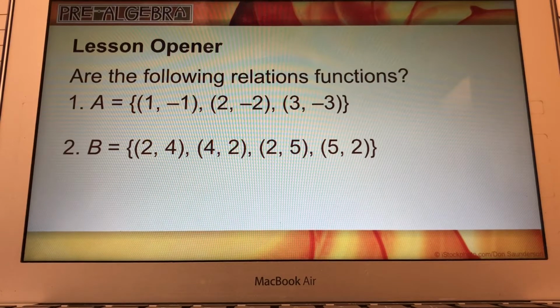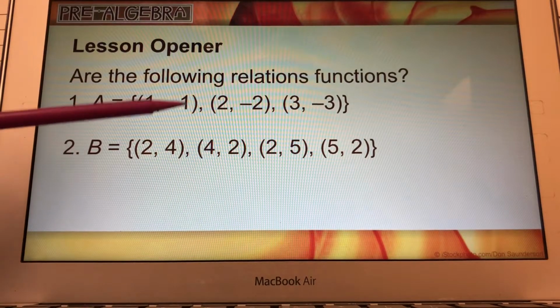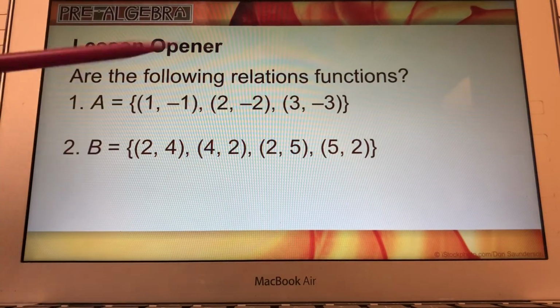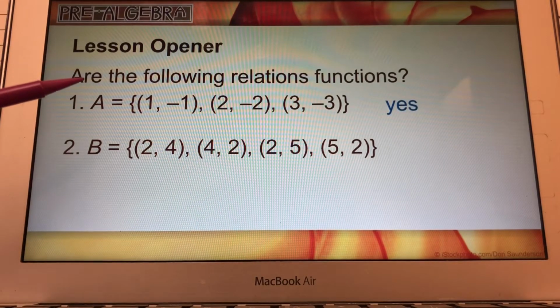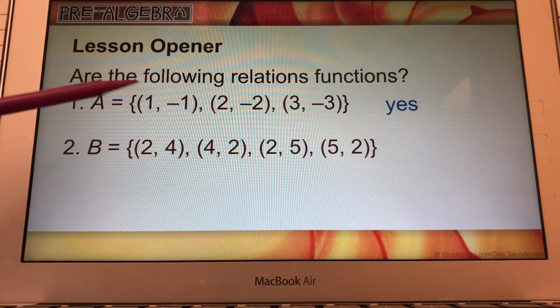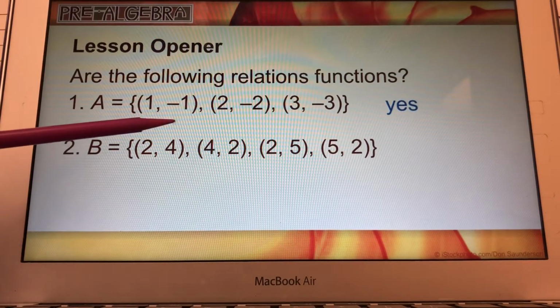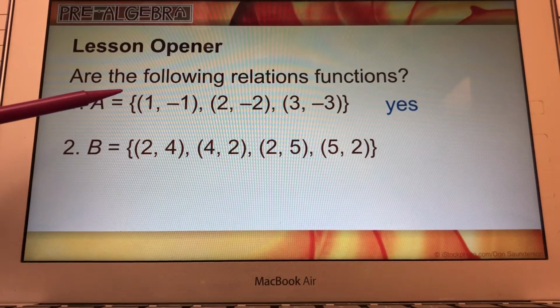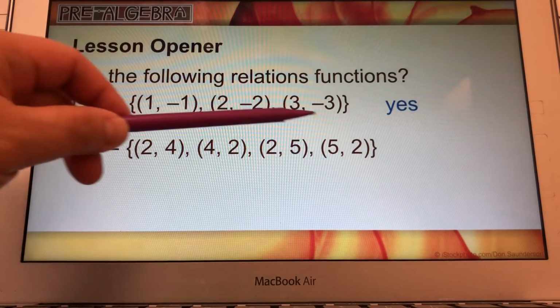these functions. Okay, here is your relation A, and these are the ordered pairs or the set coordinates for this relation. And we know that the x's are the domain and the y's are your range. Now, it's asking you, is this relation a function?